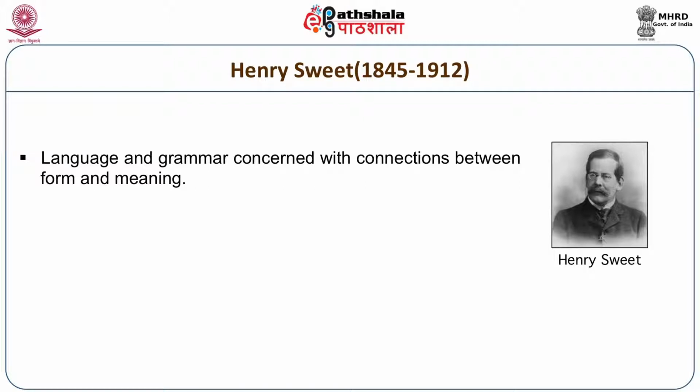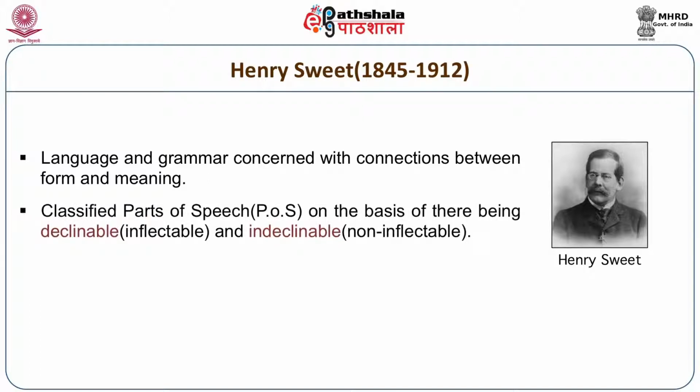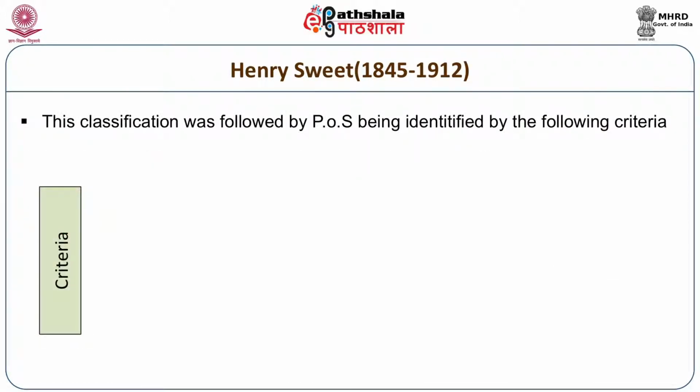So a consideration of form leads Sweet to identify what are grammatical categories. And so what he suggests is that we look first to see objective categories, whether they are declinable or indeclinable. That is, whether they are capable of inflections or not. And it's only after such classification that parts of speech can be identified, okay, by using the following criteria.